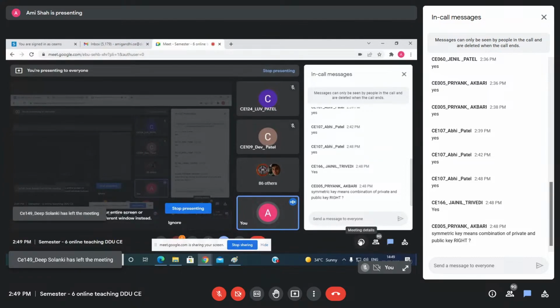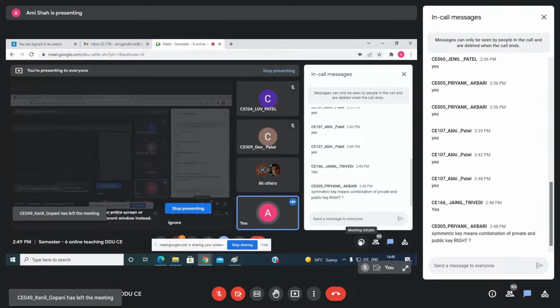Priyank asks whether a symmetric key means a combination of private and public. What is the concept of a symmetric key? I am talking about the secret key, which is shared between both parties. And asymmetric key means the public key crypto system. You know that.